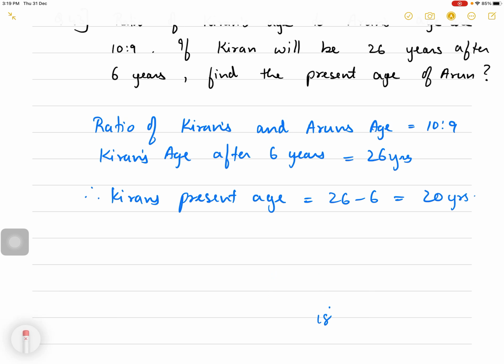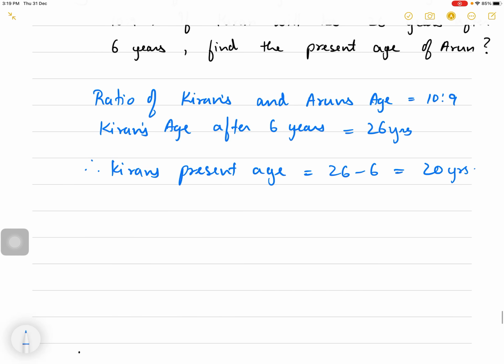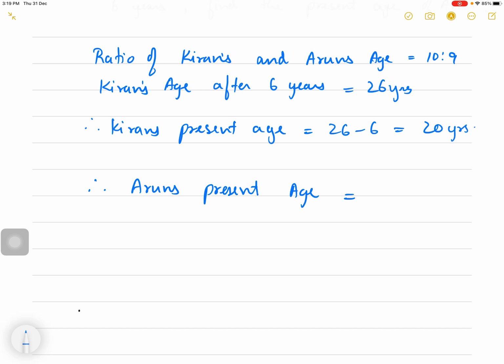So it comes to 18. But how will you write it in the exam? This is not the way to write in the exam, right? So Arun's present age, therefore, is equal to something.